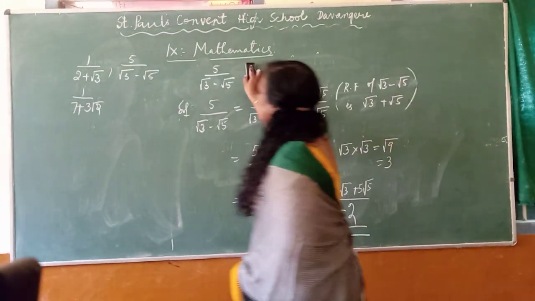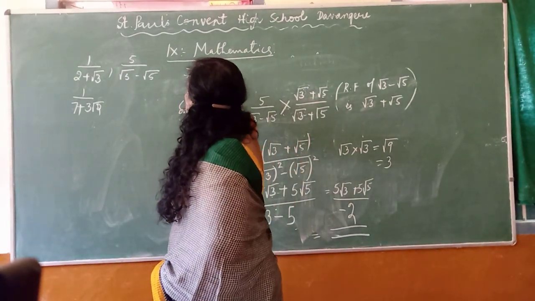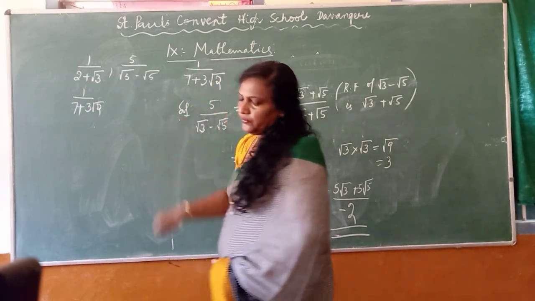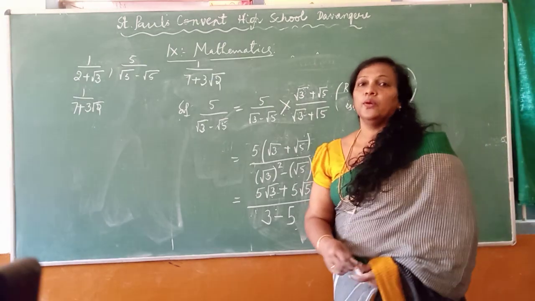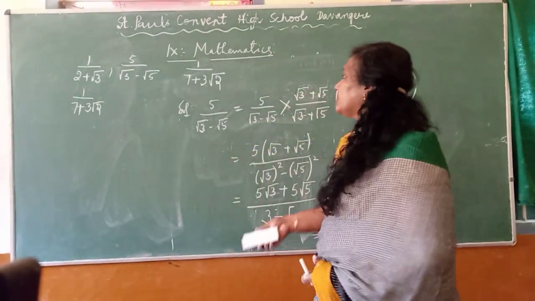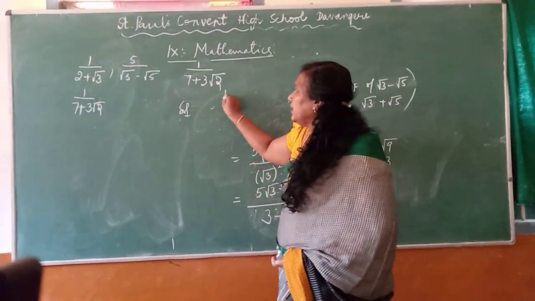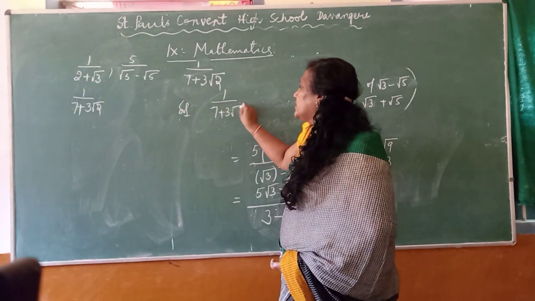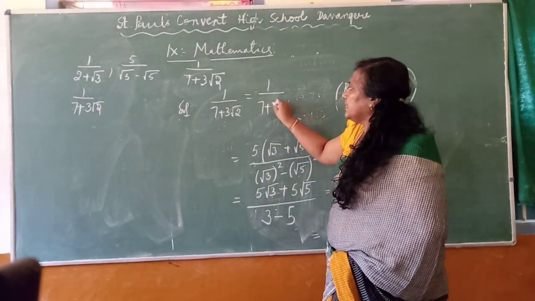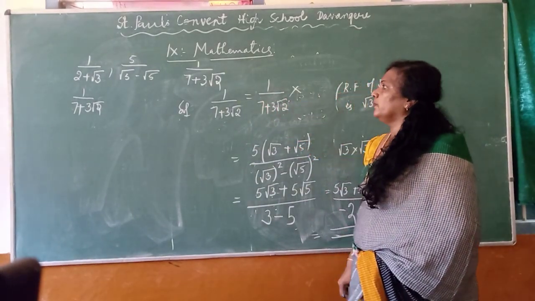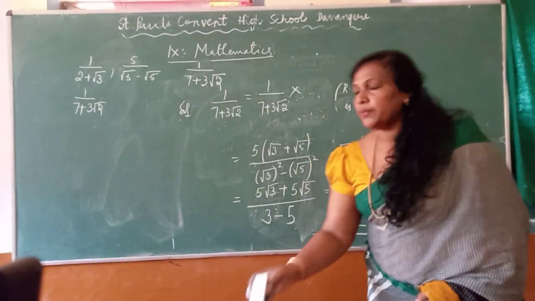The last example is 1 by 7 plus 3 root 2. Now, you will be able to do it yourself, children. 1 by 7 plus 3 root 2 is equal to 1 by 7 plus 3 root 2 into, I have to multiply the RF. What is the RF of 7 plus 3 root 2?